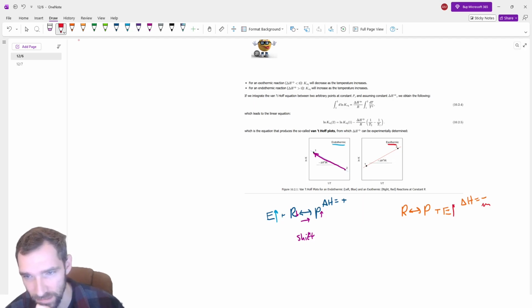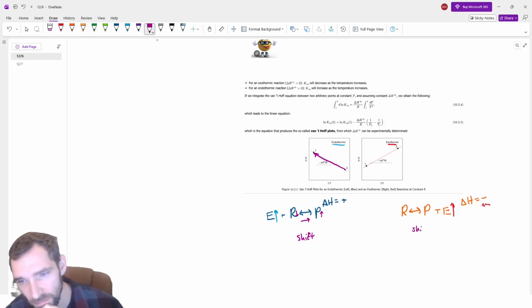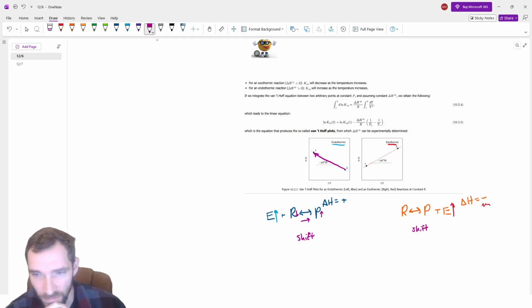So if you had an increase of energy there, that's like an increase in temperature, which is going to cause a response of a shift to the left. So it's making more reactants. We're getting rid of products and making more reactants. In other words, our K is getting smaller.